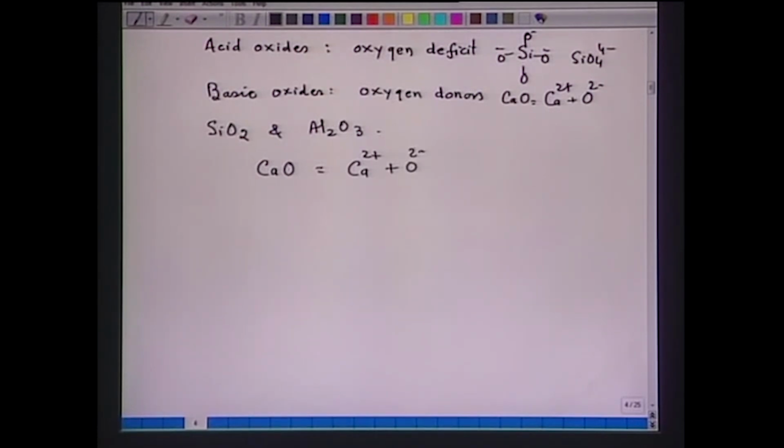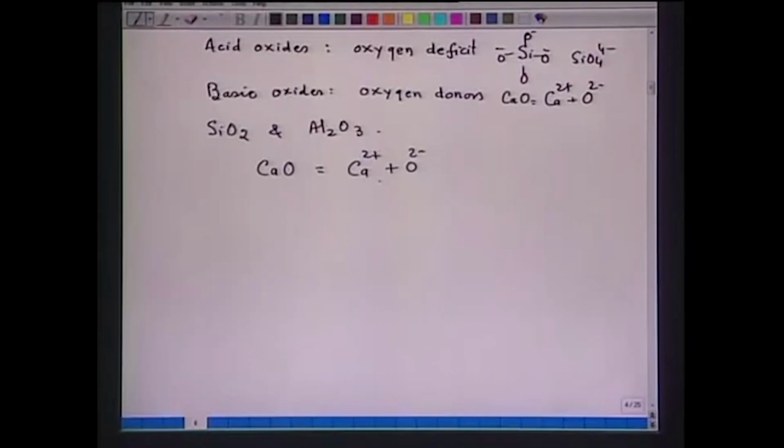Now, you see, if I supply 2 O2-, then I can break all the 4 vertices of the tetrahedron, because the 4 vertices are joined by another 4 vertices. If I break all the 4 vertices, then I will get the ionic species SiO4 4-, and this is only possible when I add 2 O2- ions.